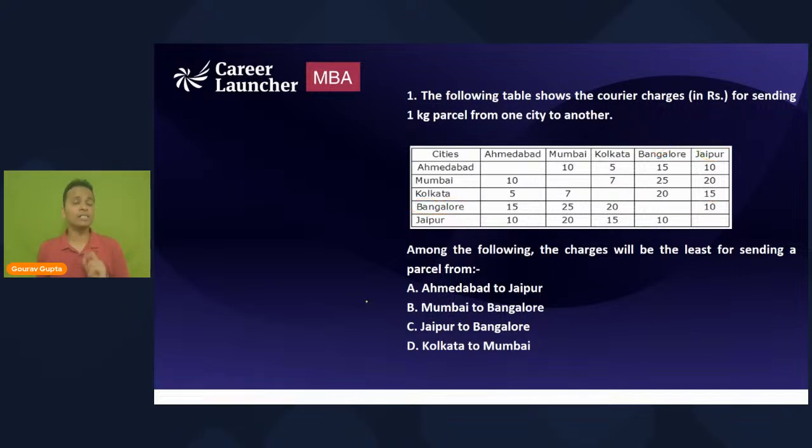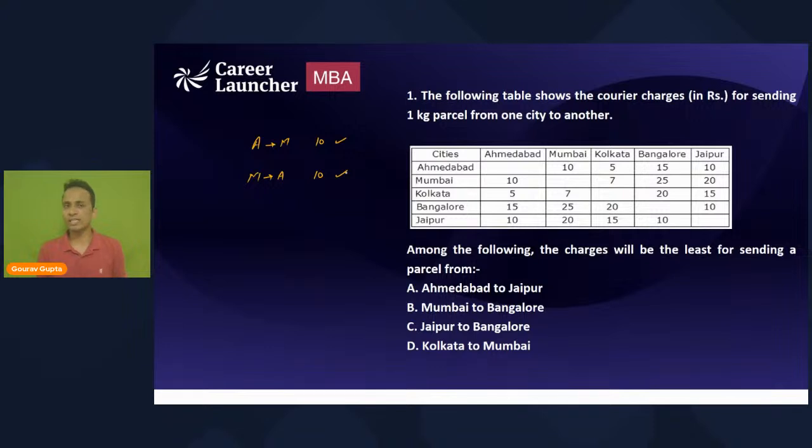Now you need to understand one more thing, that these values may differ. In this table the values are the same. This table says that if you send the package from Ahmedabad to Mumbai or from Mumbai to Ahmedabad, in both cases you will have to pay rupees 10. But in your actual examination, they may give different values.